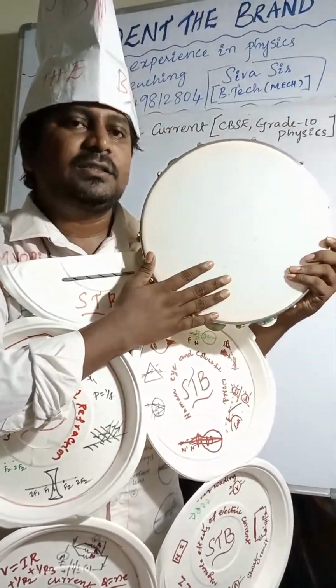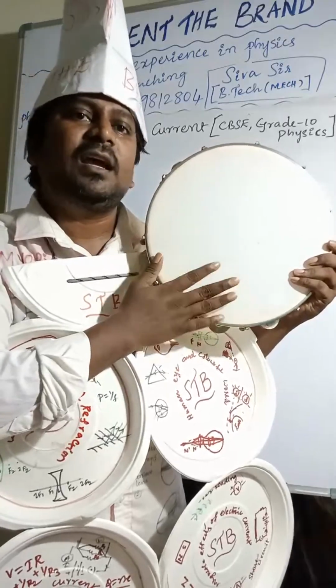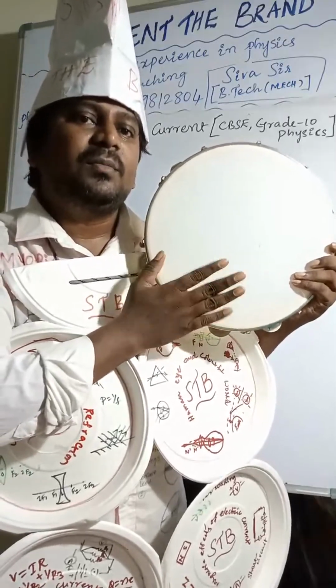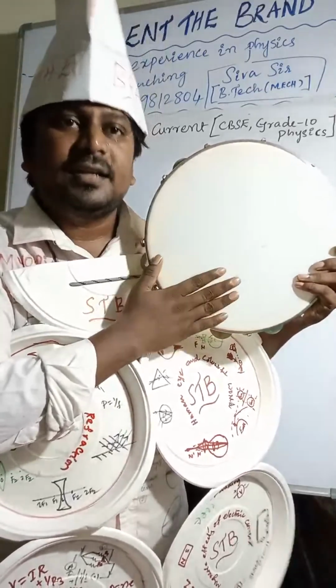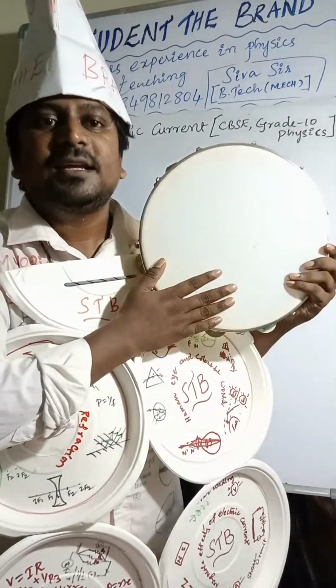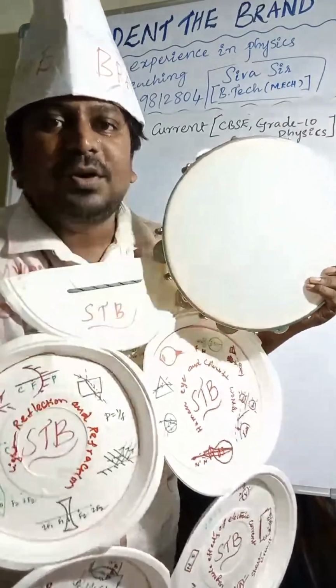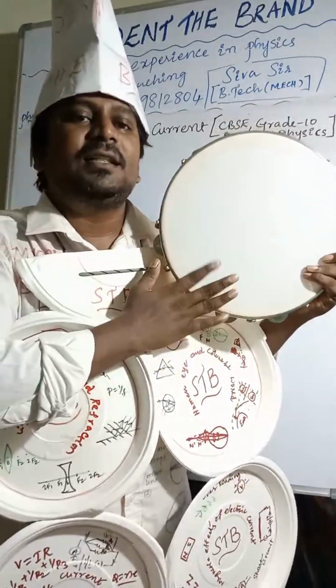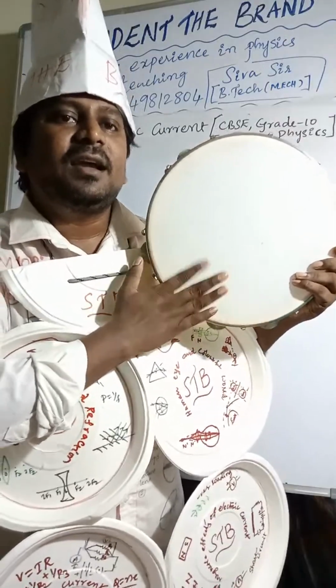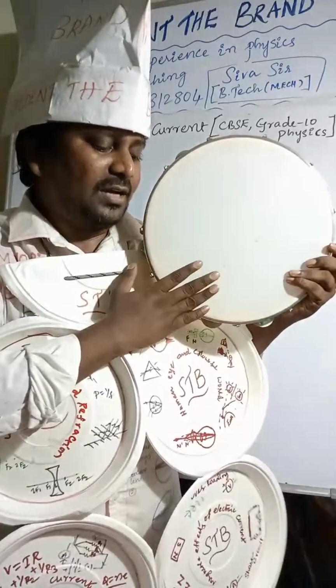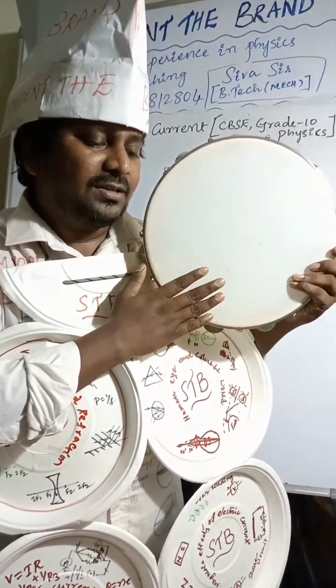Far a distance we can see. Myopia, myopia, myopia. For that correction we are using, bro. What, bro? For that correction we are using concave lens, concave lens, concave lens, concave lens.